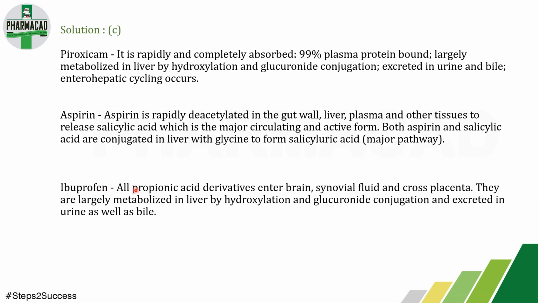Next, we have ibuprofen. All the propionic acid derivatives will enter the brain and synovial fluid, and they will also cross the placenta. They are largely metabolized in liver by hydroxylation and glucuronide conjugation. Okay, so amongst all the given options, only piroxicam is the one which undergoes enterohepatic cycling.